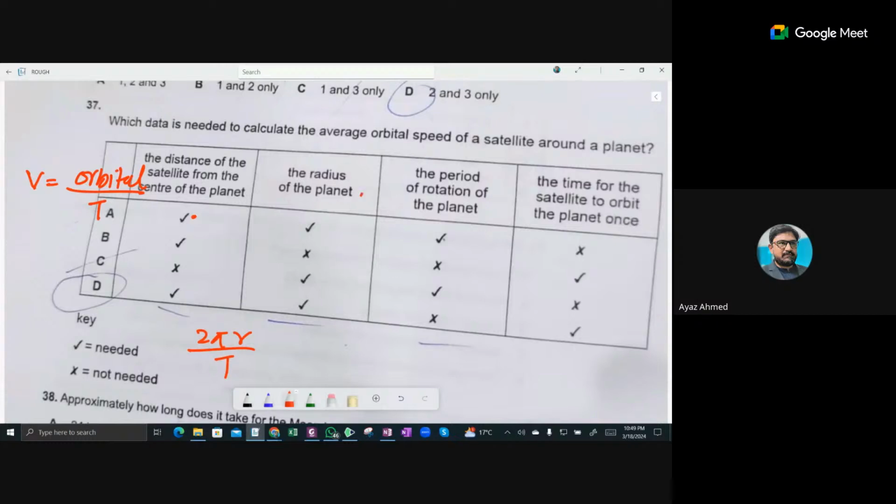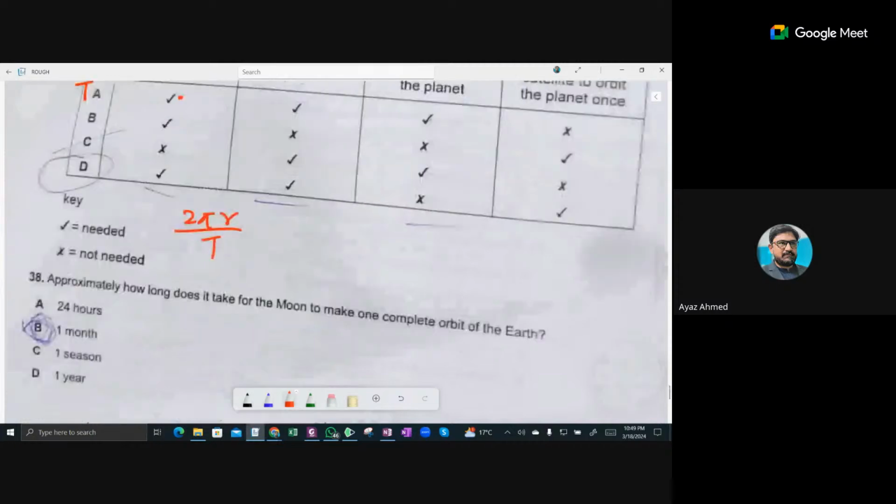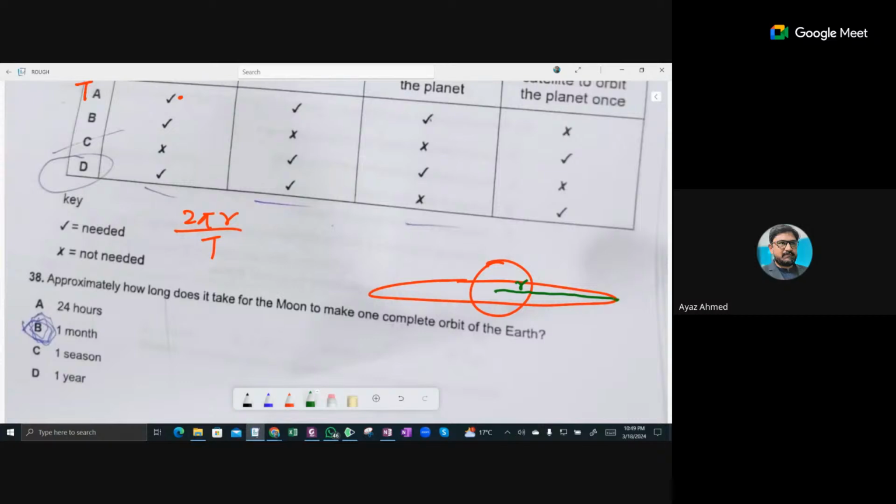The radius of the planet, no. Wait, that distance is the radius of the planet plus this height, so this all makes the orbital radius.